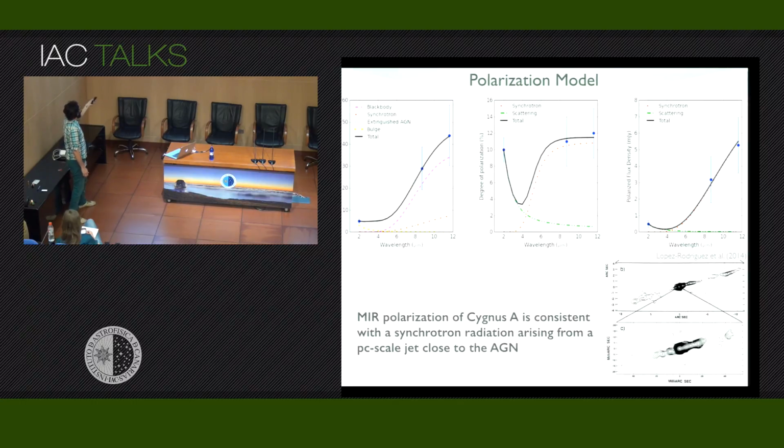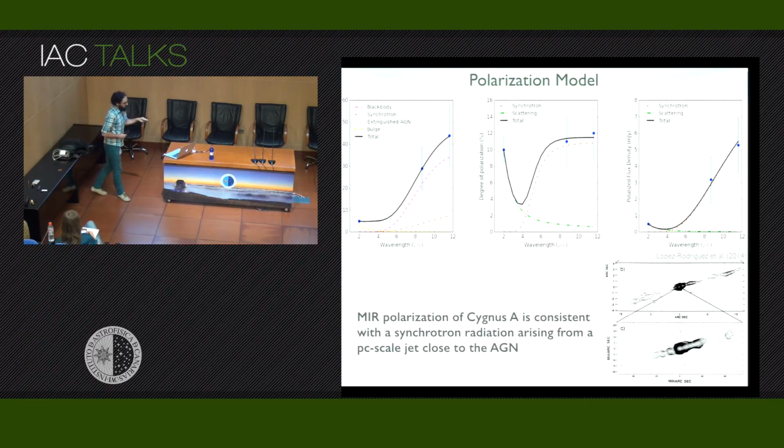So the blue dots are the measurements, and then we construct a model using a black body function, the synchrotron emission produced by the parsec scale jet, and also emission from the AGN, which is extinguished by this strong dust lane in front of the core. And also we add the bulge, which is very important in the K band.